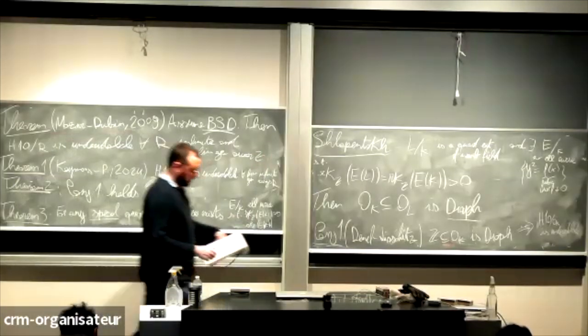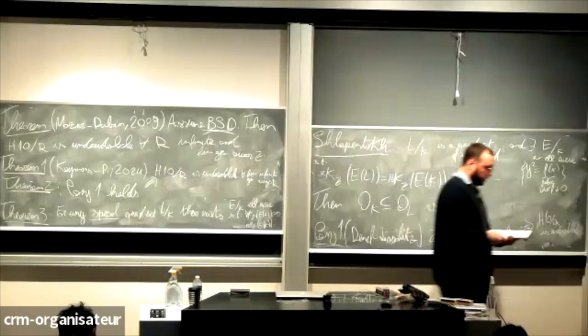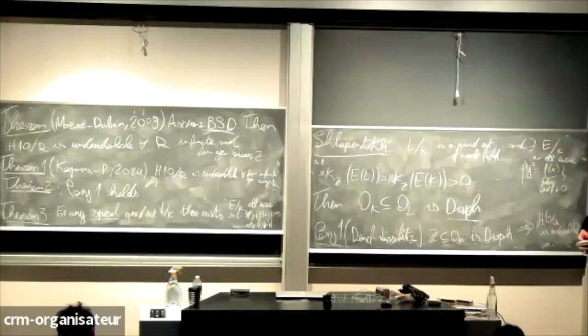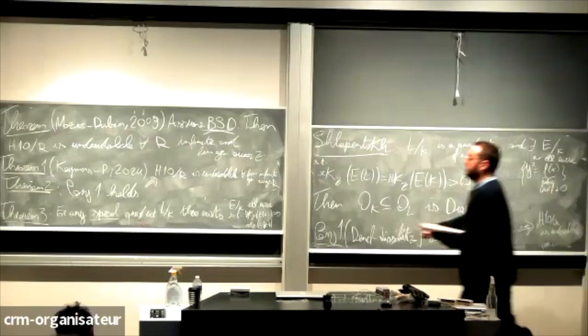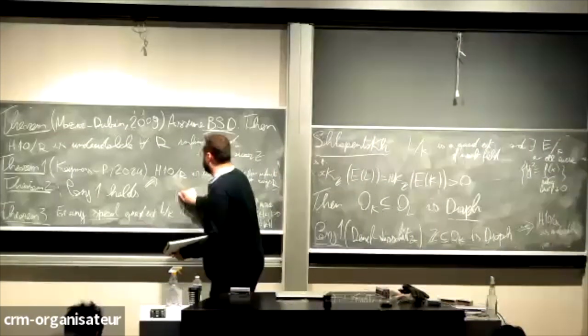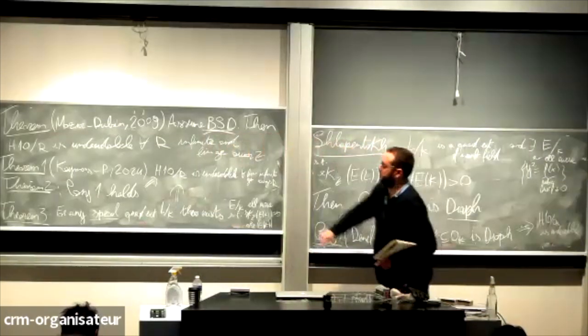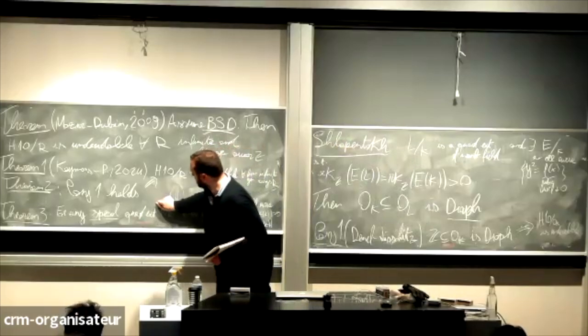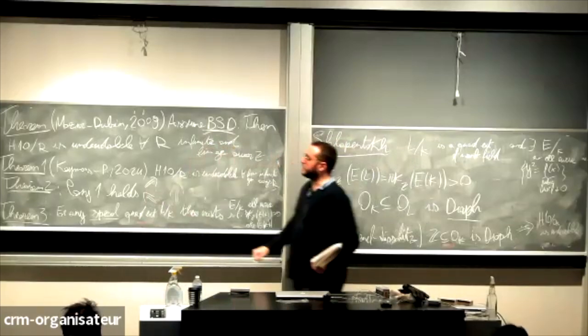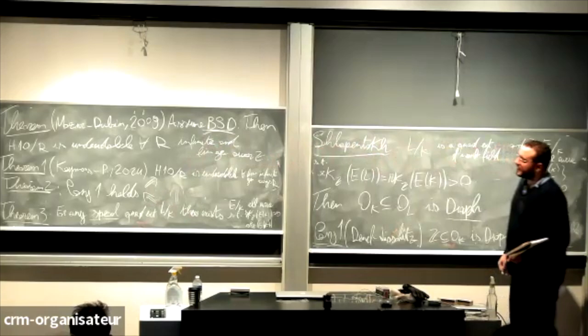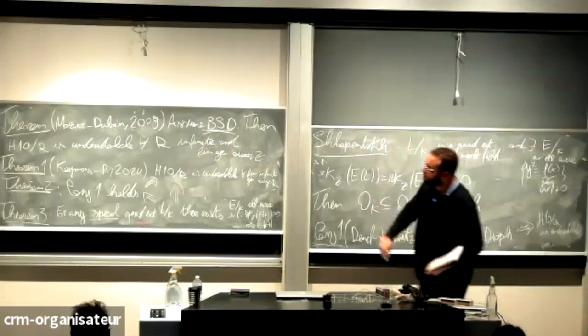Okay, so for the rest of the talk I want to focus on the proof of theorem 3. If there are questions, I can answer more about this, but I already sketched a little bit the idea that theorem 3 implies theorem 2.